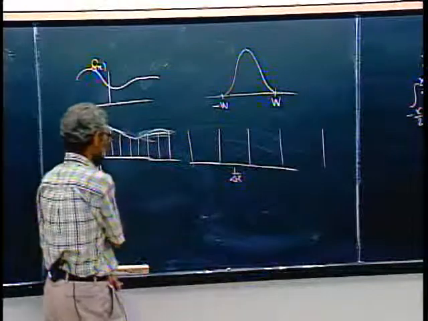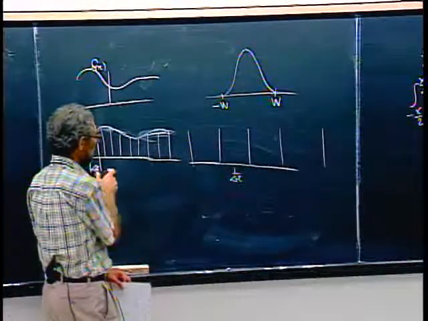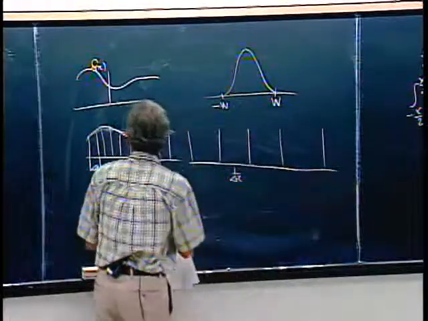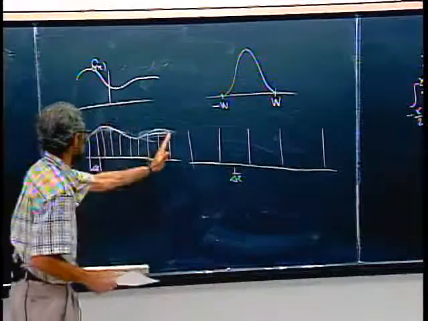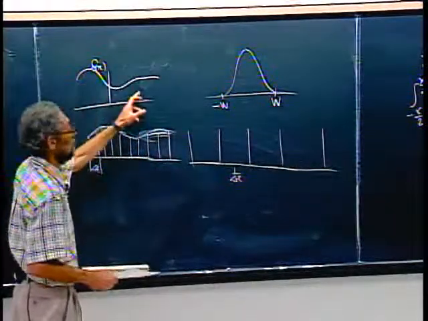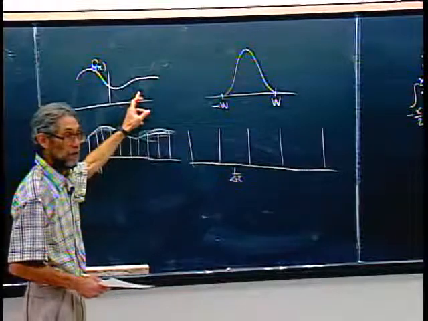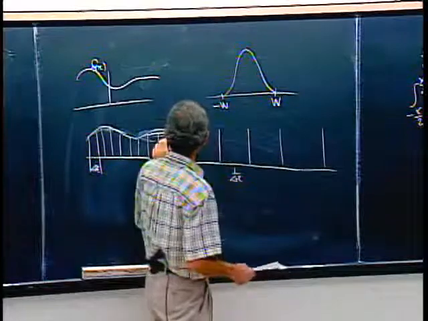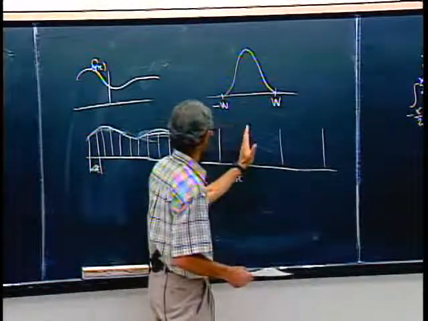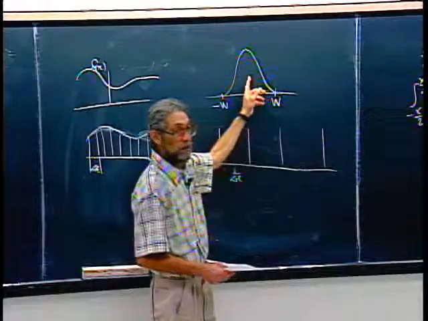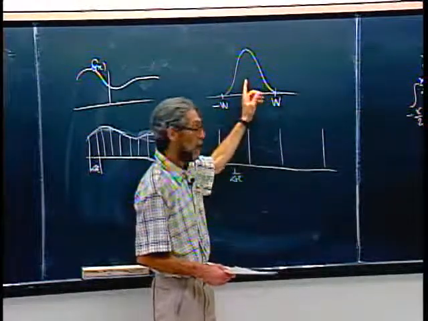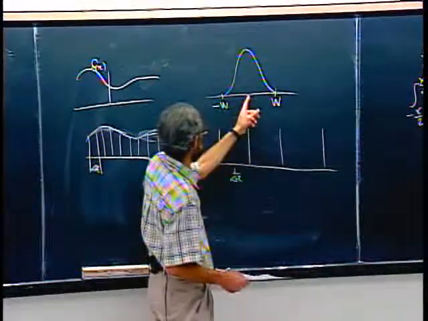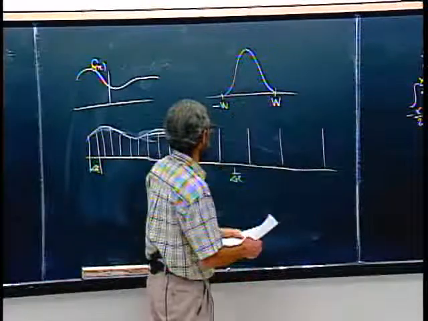And if delta x isn't small enough, these will be too close together. And now the sampling is really the product of this train of delta functions times this function f of x. So by the convolution theorem, the Fourier transform of that will be the Fourier transform of the spike train convolved with this. And basically this delta function is going to just pick out the exact value of this function here.